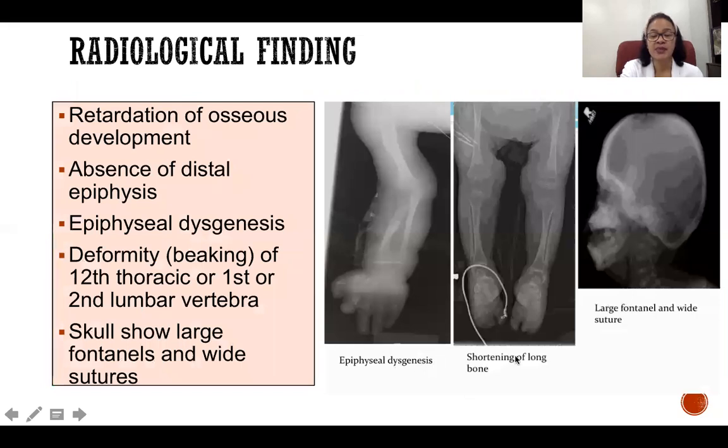So these could be some of the radiologic findings in patients with congenital hypothyroidism. There might be retardation of osseous development. Here you have shortening of long bones and epiphyseal dysgenesis. And when you do your skull x-ray, there is a presence of a large fontanelle, and the sutures are wide here.